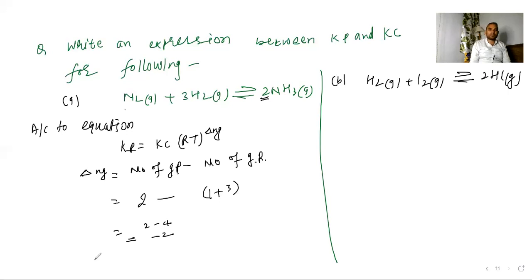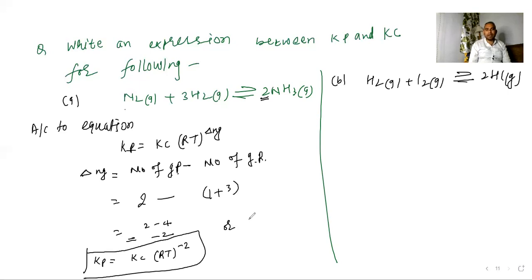So Kp is equal to Kc RT power minus 2, or we can write Kp is equal to Kc upon RT power 2.